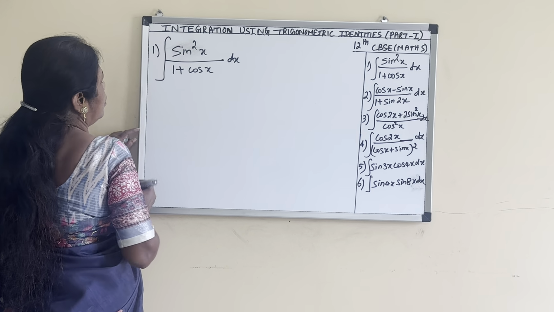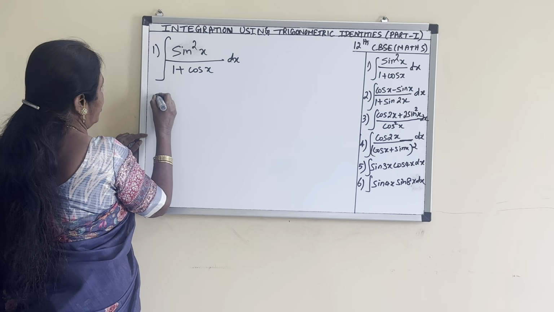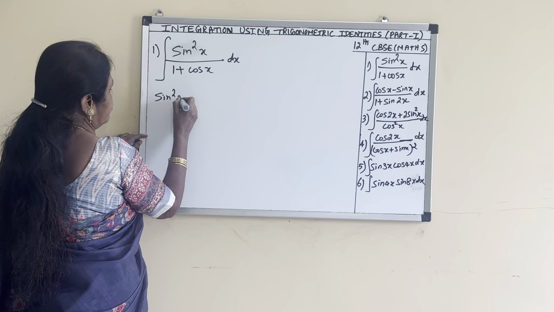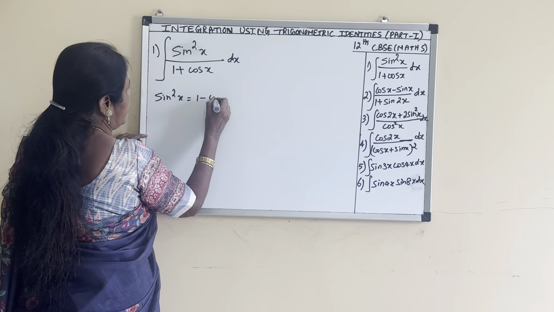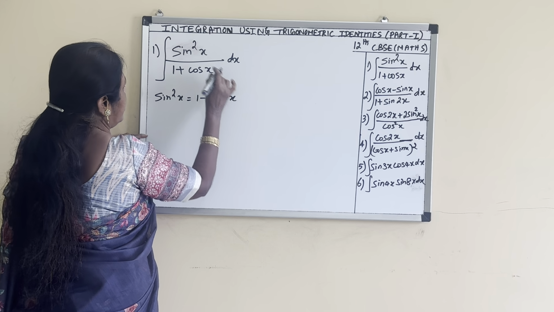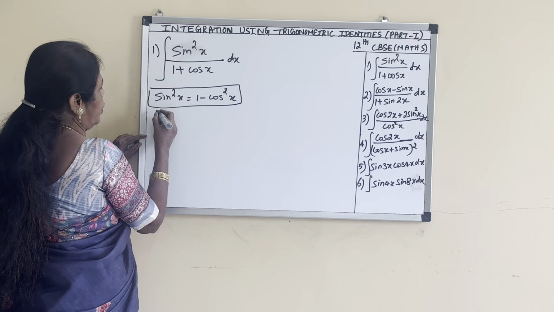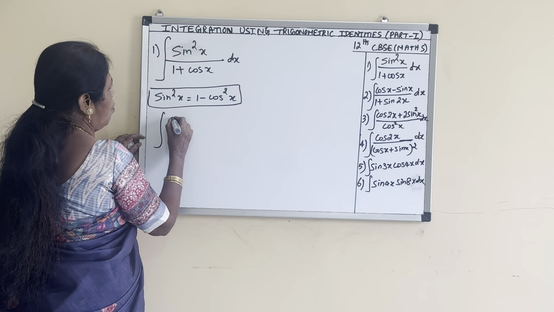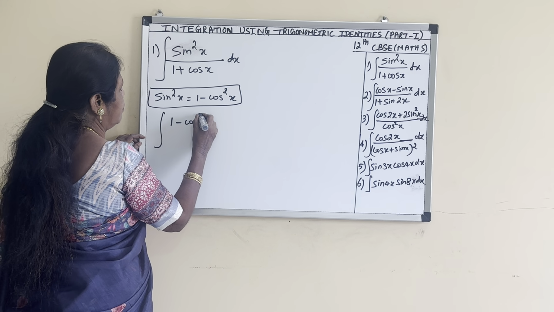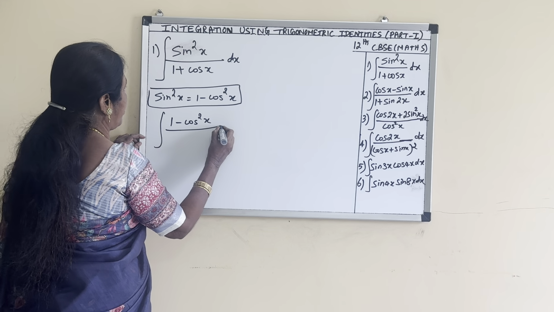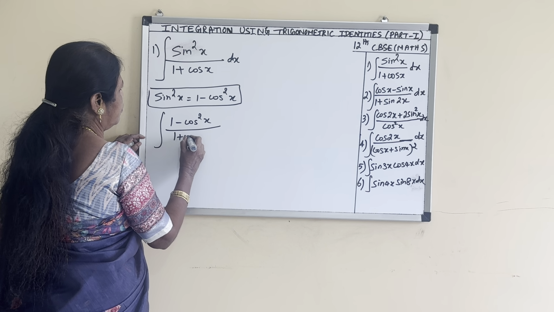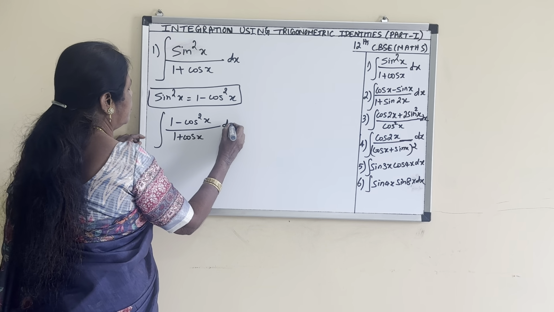As I know the formula, sin squared x equal to 1 minus cos squared x. Here I have sin squared x, so I am going to use this formula. So it will become integration of 1 minus cos squared x divided by 1 plus cos x into dx.